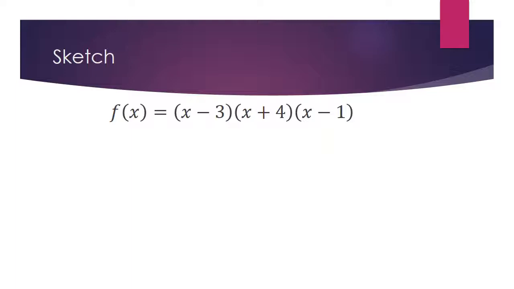So now I'm going to sketch. I'm going to make my axes here. I have the y-axis and the x-axis. I'm going to identify the window. That's x from -10 to 10. The y max was 30, and the y min was -10.